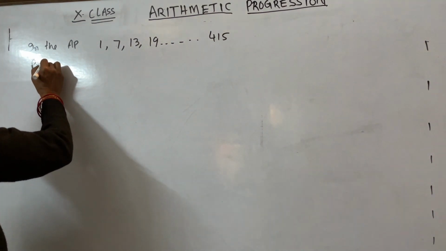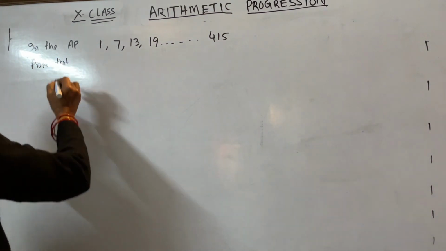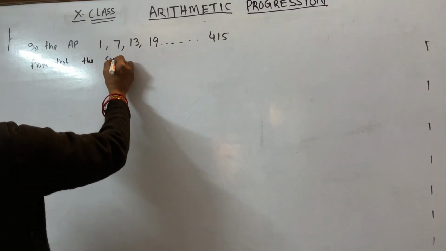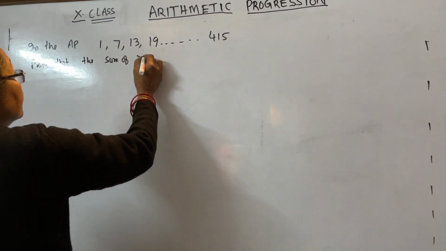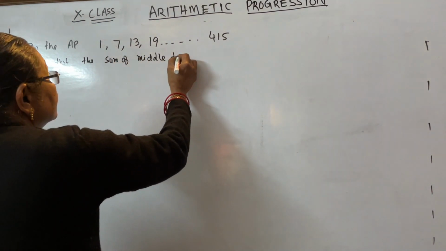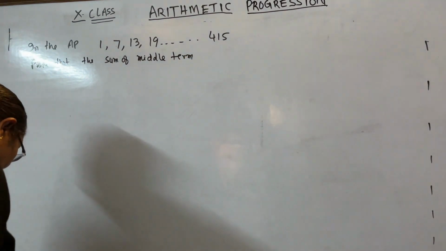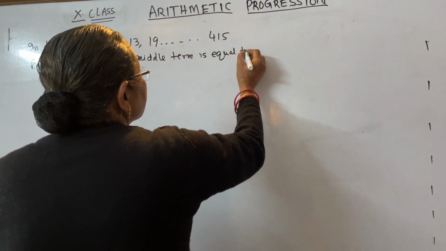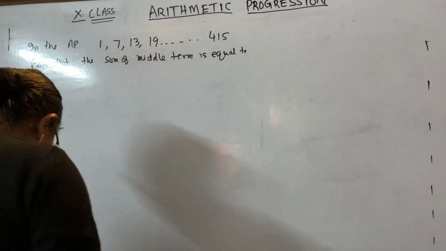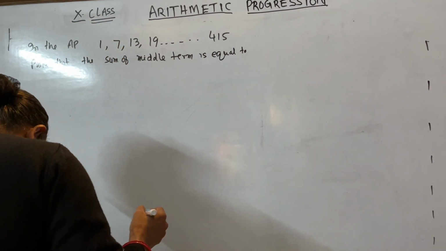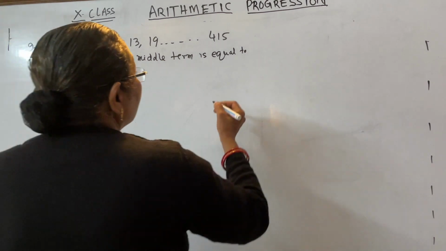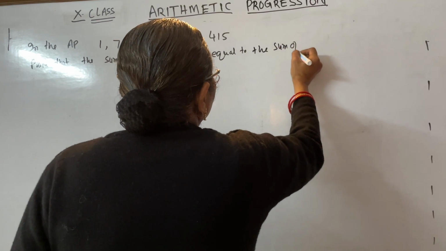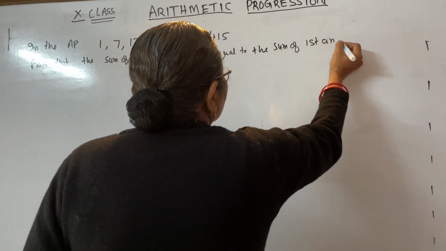Prove that the sum of the middle terms is equal to the sum of the first and last terms.